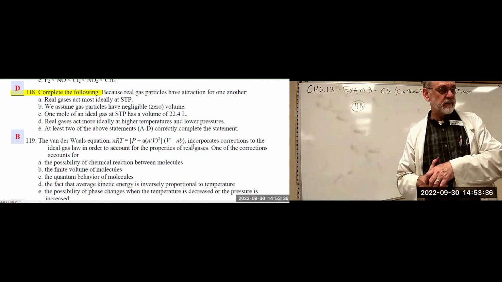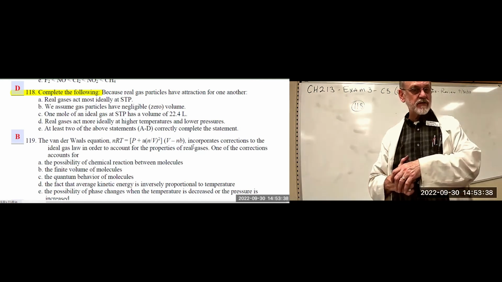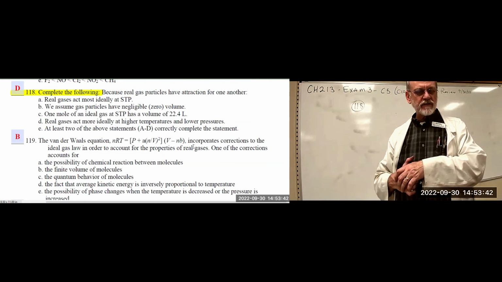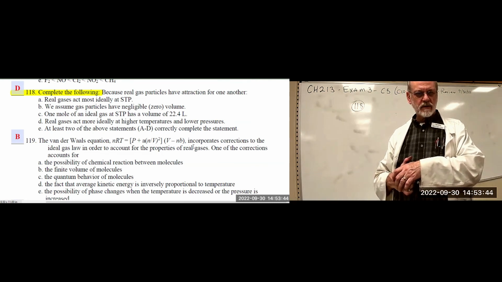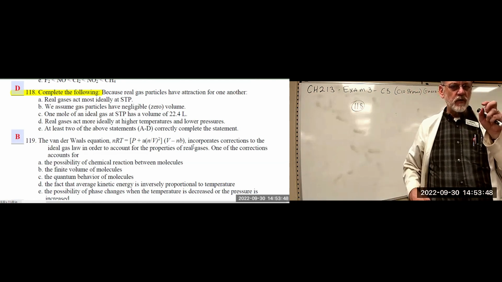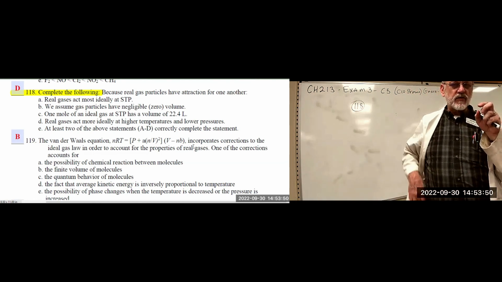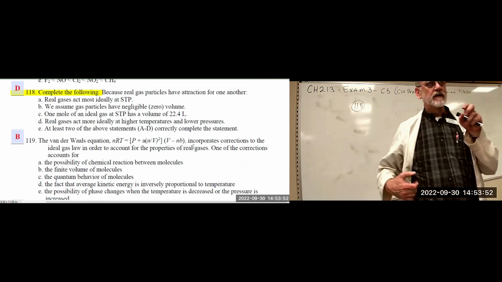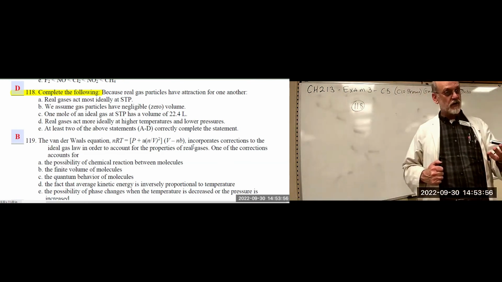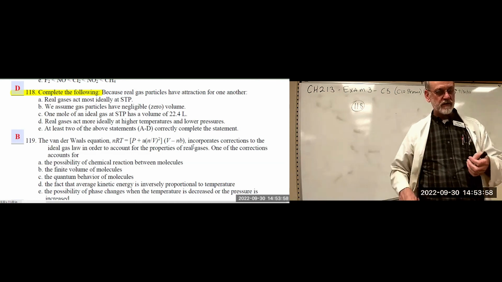Well, that could be. Let's see if there's a better one. We assume gas particles have negligible volume. All right, here's the key to this one. Because real gas particles have attraction for one another, because they have attraction, then the result is one of these choices.